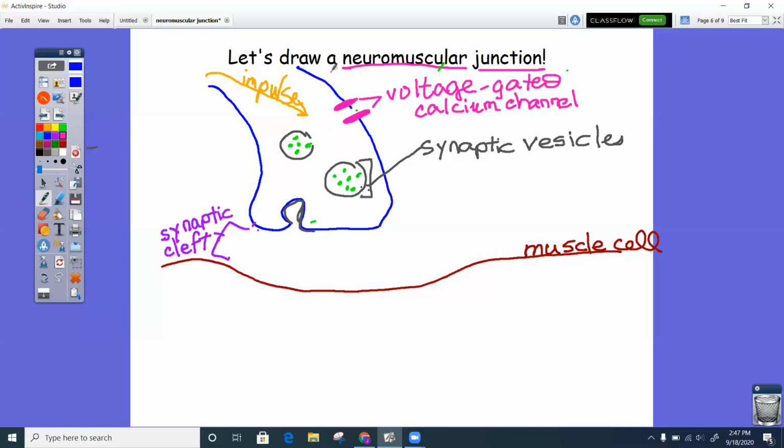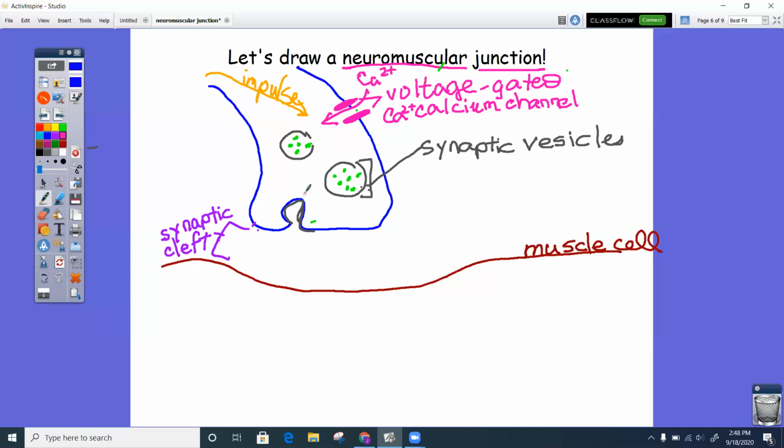All right, so this impulse, remember, is a change in electricity. So when this impulse arrives, it actually changes something called the membrane potential on this axon terminal membrane. For right now, just think of it as a change in electricity. So when that impulse arrives, it is going to trigger voltage-gated calcium channels to open. And there's going to be more calcium outside the neuron than there is inside. So once the impulse arrives at the axon terminal, that calcium is going to want to come inside.